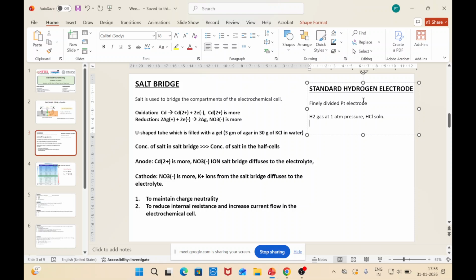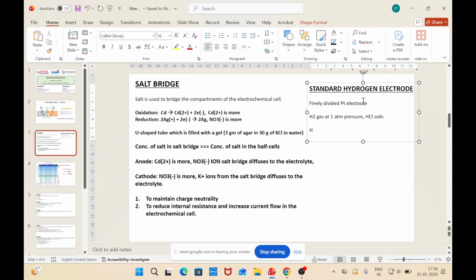So what happens is the hydrogen gas reacts on the platinum surface, undergoes the reduction reaction to form solid hydrogen on the platinum surface.